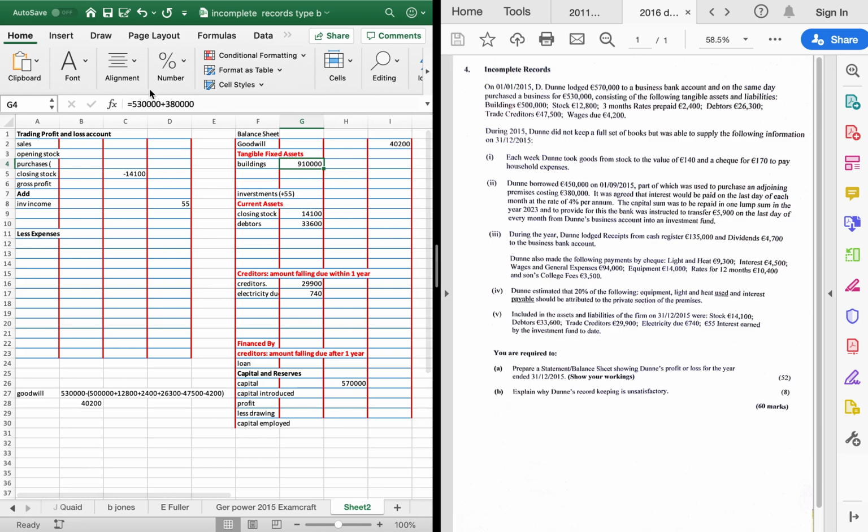Sorry, it's not 530 plus 380, it's 500 plus 380. So that's straightforward enough. I was just checking to see if there's depreciation or any valuation to put in, but there's not. All right, so we can move that 880 over here.